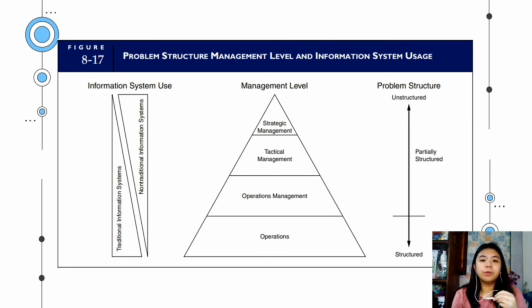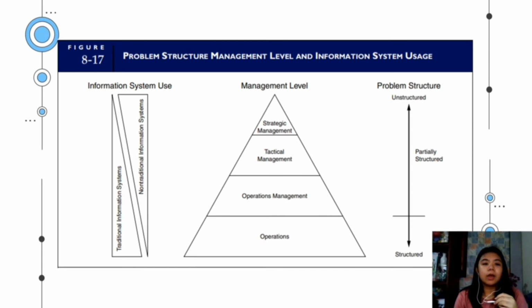Usually, the structured problems are typically arising in the operations. As we can see here, the structured problems typically arise here in or part of the operations management. While as it goes higher on the management level, the more unstructured yung problems. It needs more analysis kasi hindi definite.